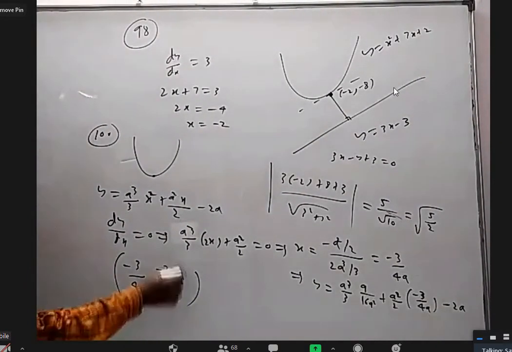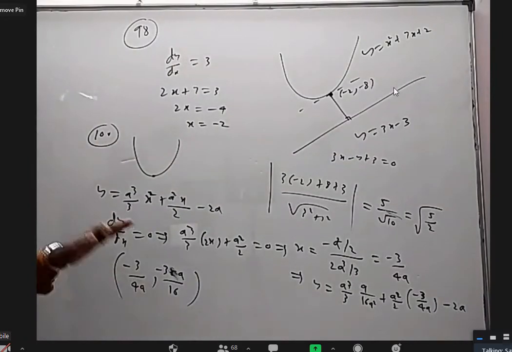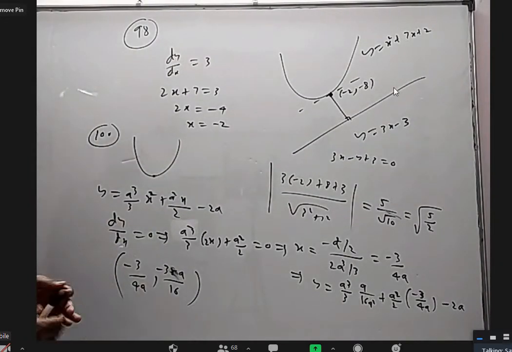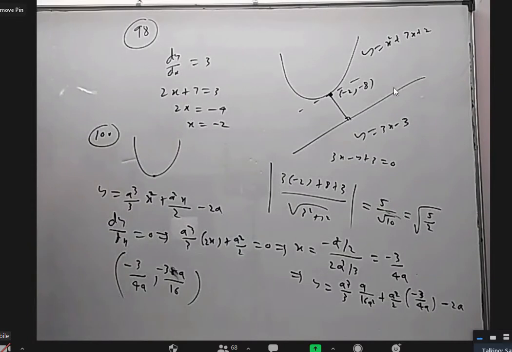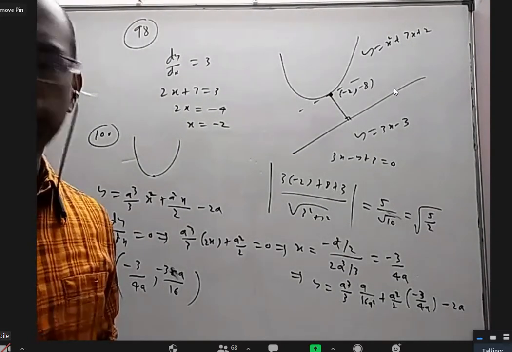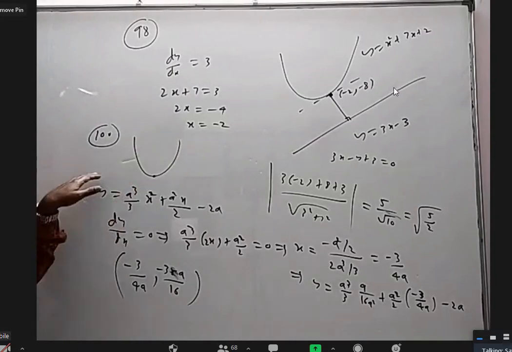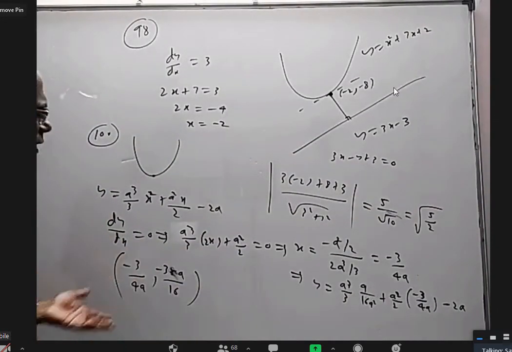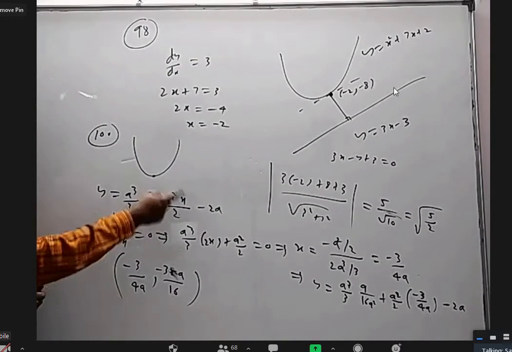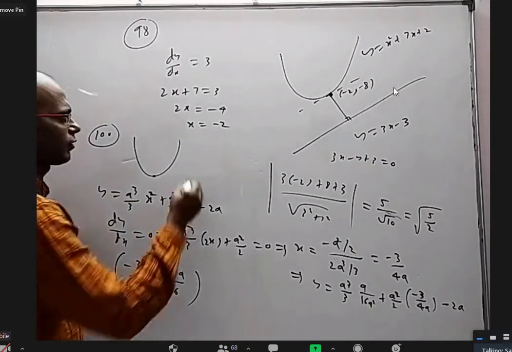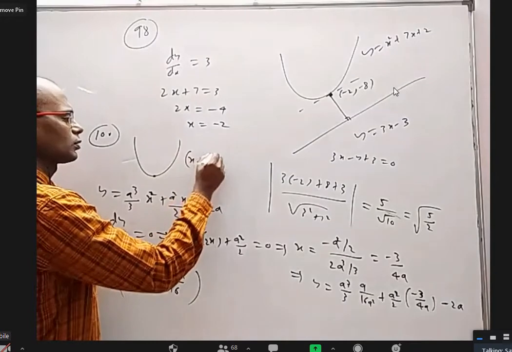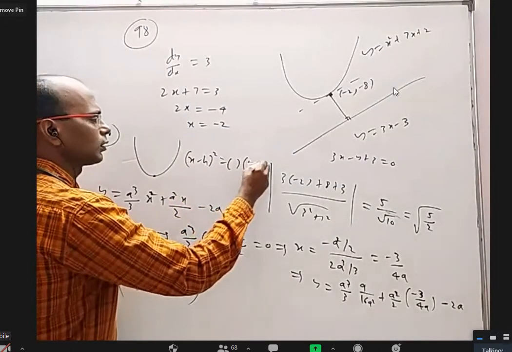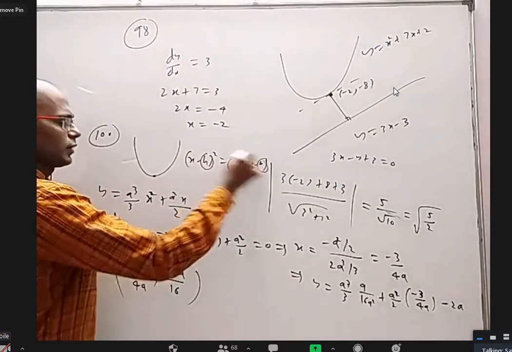I'm not sure about the y coordinate, but whatever it is, this is the vertex. Somebody says, why are you using calculus at this point? At this point the tangent is horizontal, the derivative is 0. That's how I got the x coordinate. If somebody doesn't like that, take a cube by 3 and make a proper perfect square. It will finally come in the form x minus h whole square equal to something into y minus k. From that also you will get the vertex.